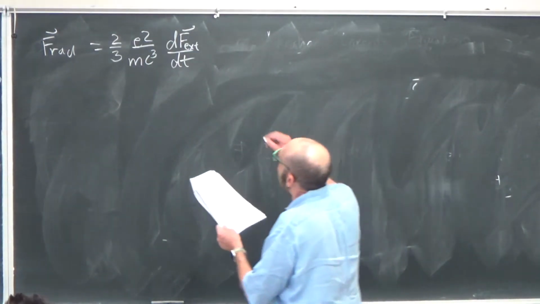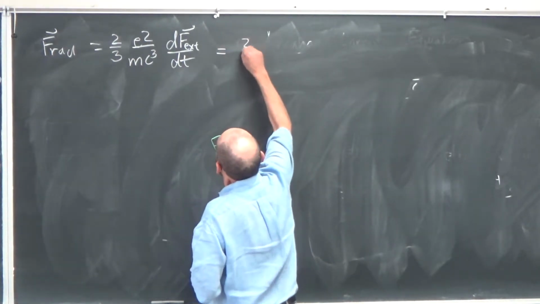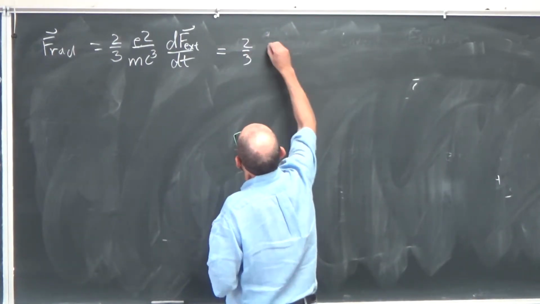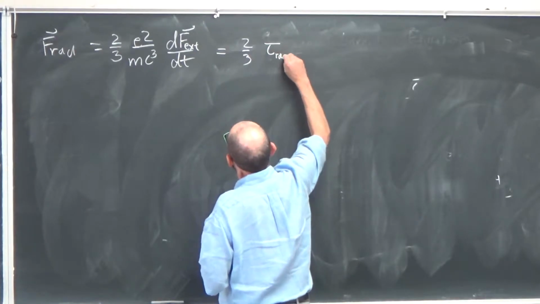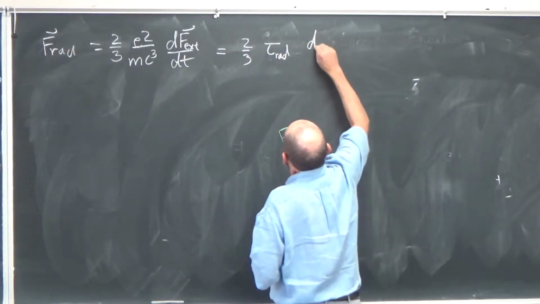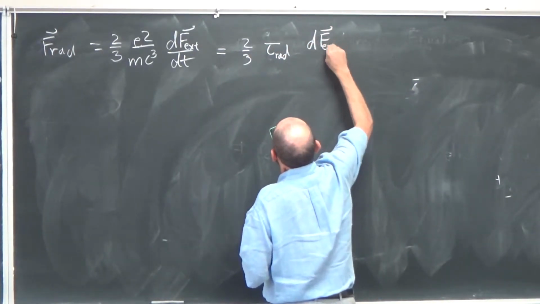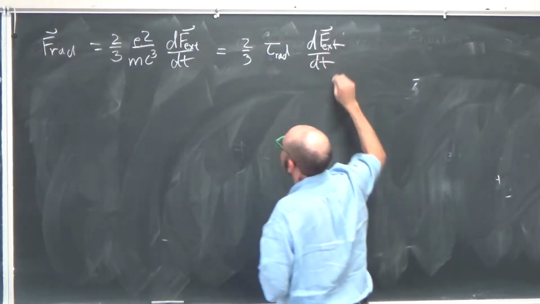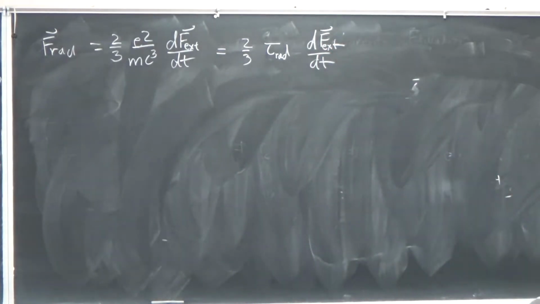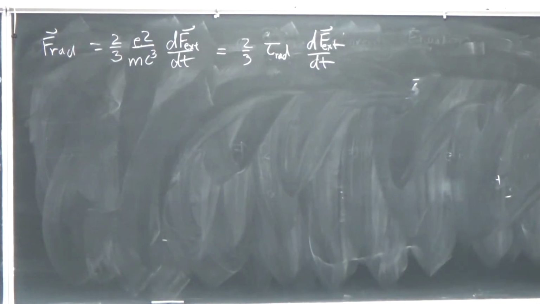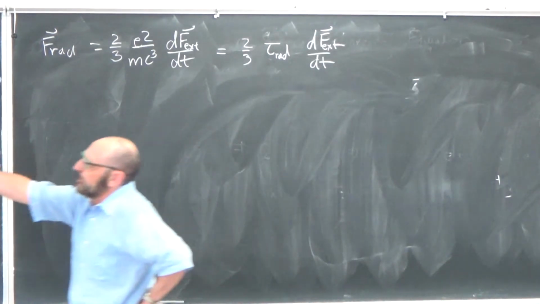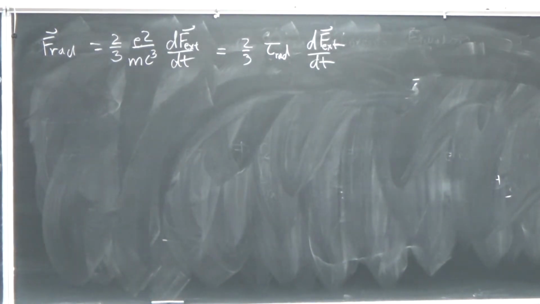So this is equal to 2/3 that characteristic time scale df dt. Now let's look at this in the specific case where the external force was just due to the binding force of the electron to the charge.